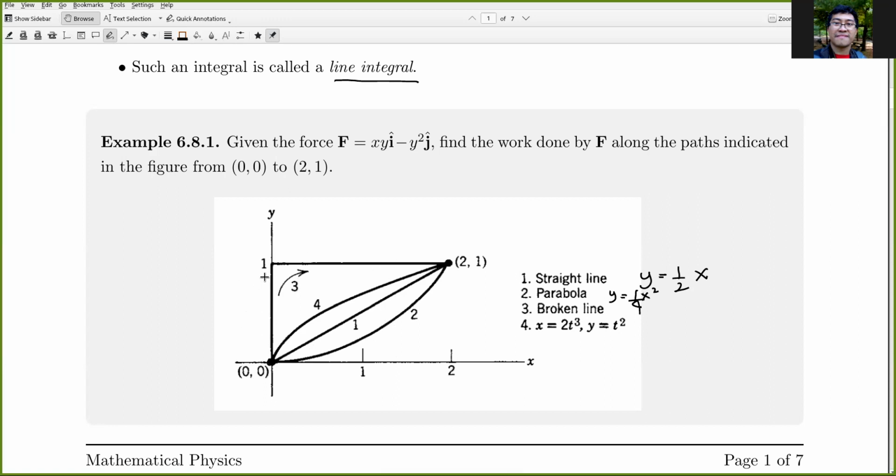So first is this line x equals 0 and this line y equals 1. And lastly, we have a path described by these parametric equations: x equals 2t cubed and y equals t squared. So that's our path number 4 here.